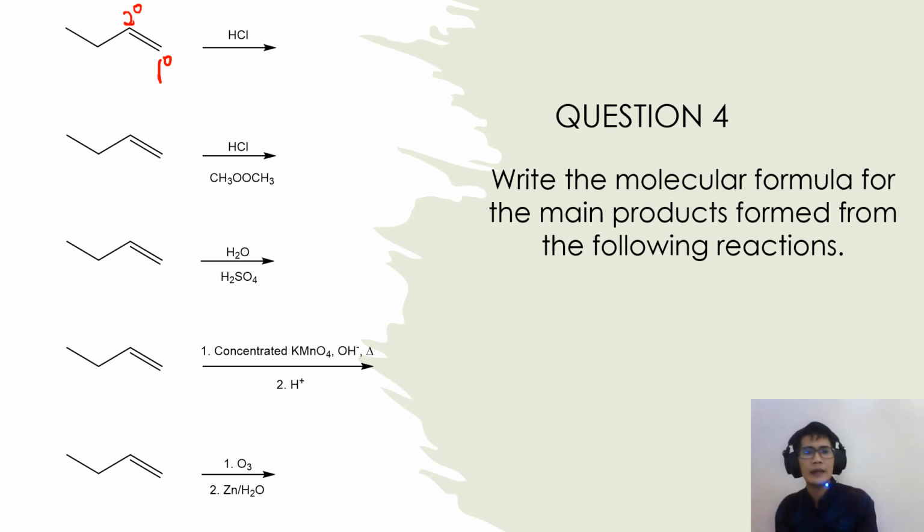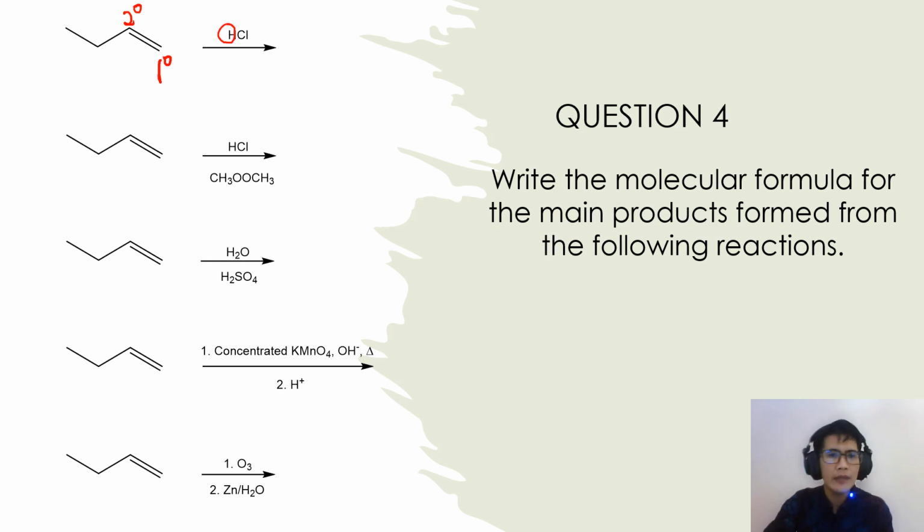According to Markovnikov, the electrophile, in this case the hydrogen atom, or it's more accurate to say the proton H+, will be added to the carbon with more hydrogen atoms. So this electrophile, which is the H+, will be added to the carbon with more hydrogen atoms.